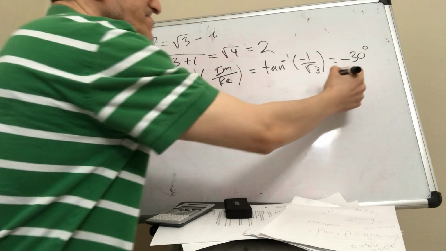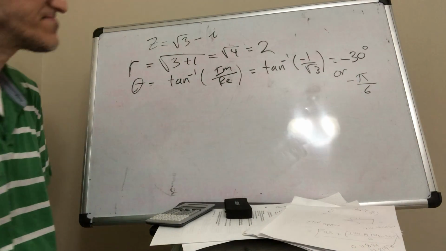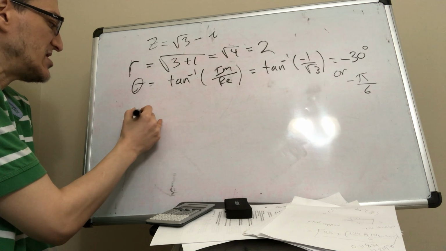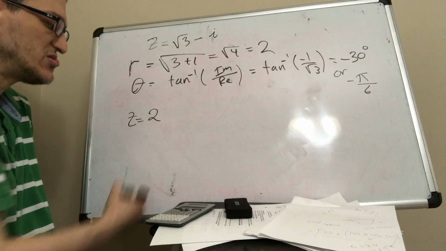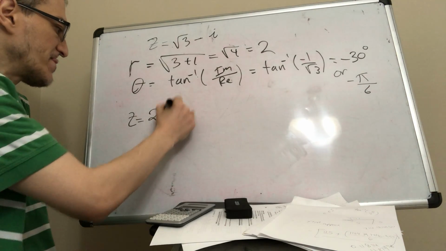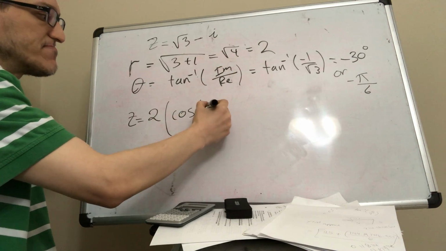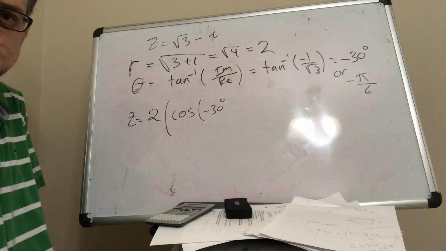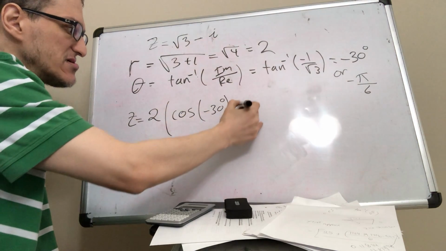And in radians, it will be negative pi over 6. So if you want to do the polar form, it's the magnitude times cosine of angle plus i sine of angle. If you put negative 30, put the degree with it. If you put negative pi over 6, just put that.